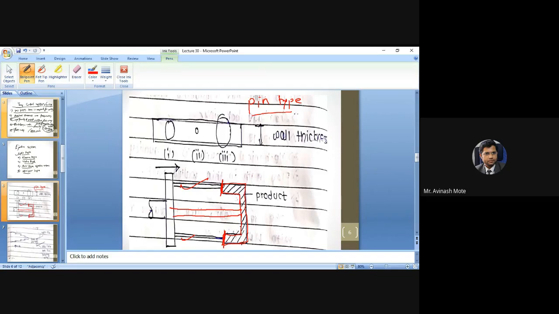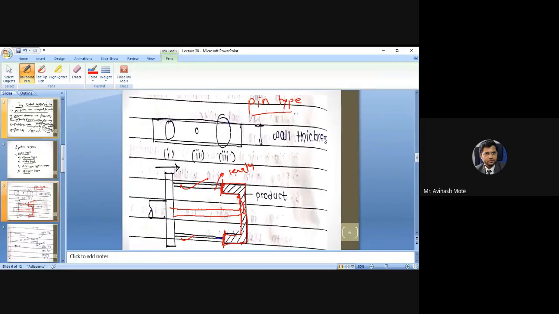Now, first of all, if you push from this side, you need a lesser length of pin, because you are pushing from this base. If you push from this base, you need a larger length of the pin.